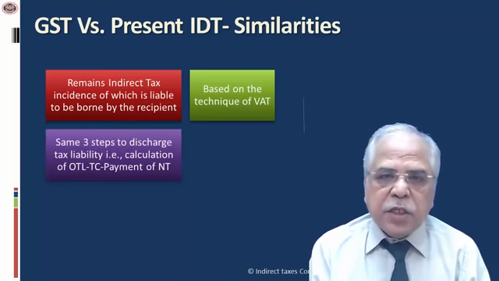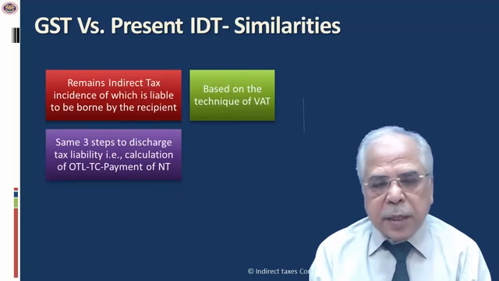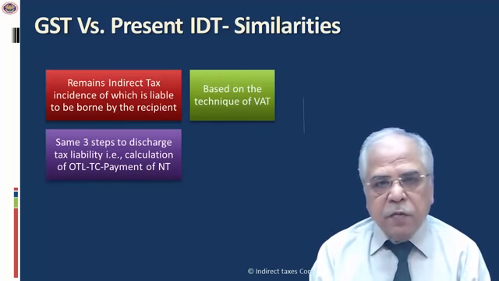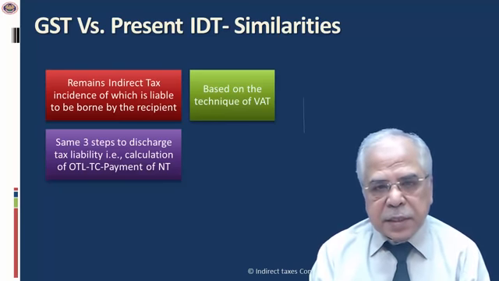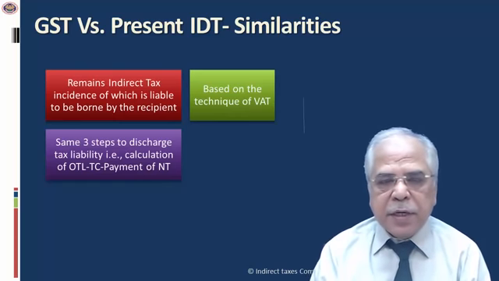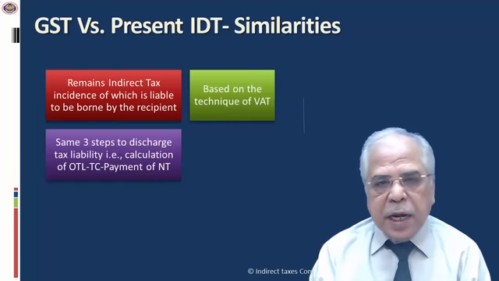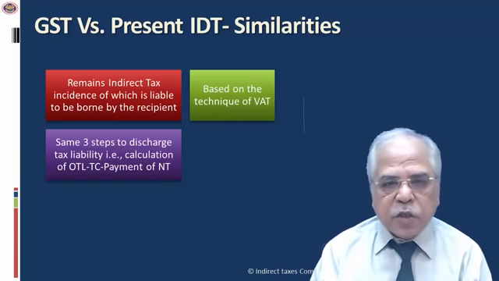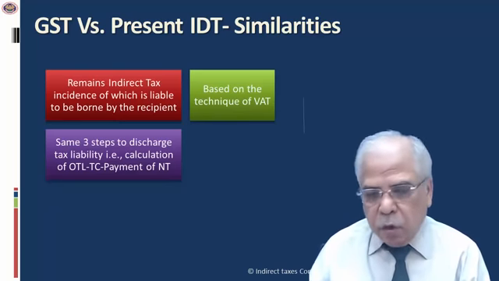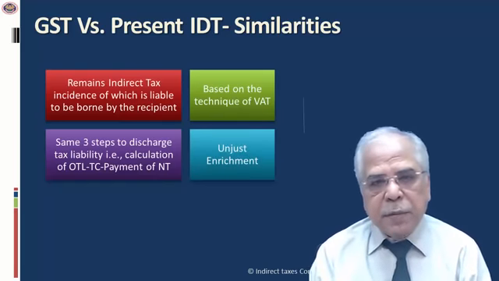Next, in GST also, we have to follow the three steps to calculate and discharge GST liability. The way we do it presently in state VAT, service tax, and excise law, that is, we have to calculate our output tax liability, tax credit has to be calculated for that period, and then net tax has to be paid by the supplier, or refund has to be claimed in case the credit is more than the amount of output tax liability.